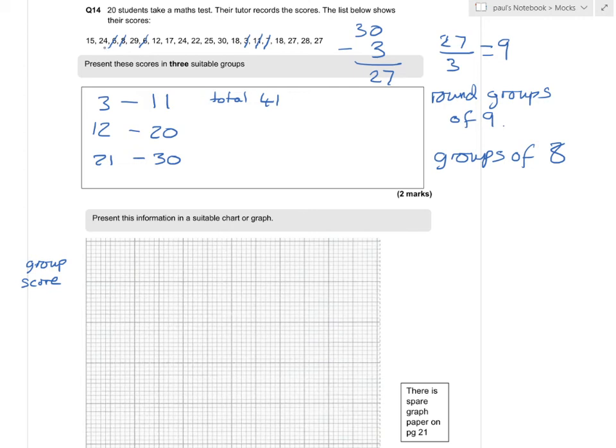And group 2, 12 to 20. So 15, 27, 37, 44, 54, 62, 72, 80. So the total of that group is 80.